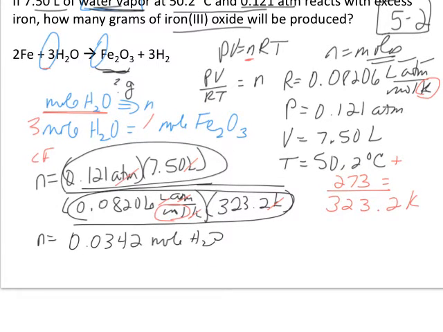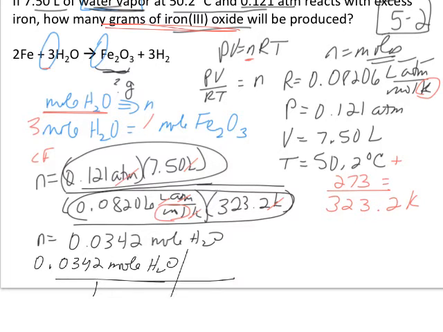Now, what it asked for was how many grams of iron oxide. So let's do our conversion, our dimensional analysis, where we put 0.0342 mole of water over 1, and then we're going to go from mole of water to mole of iron oxide. And it wants grams of iron oxide.